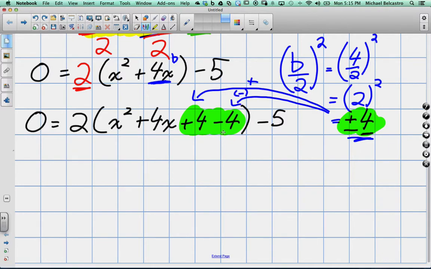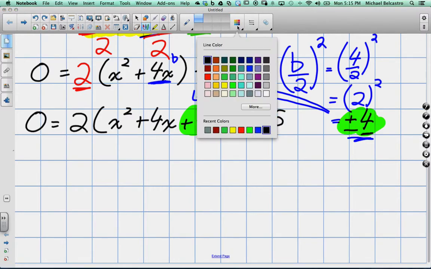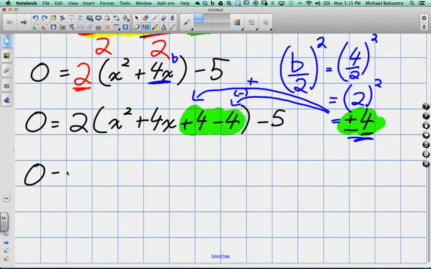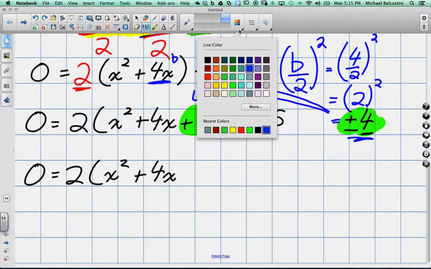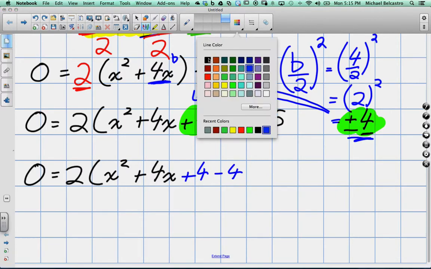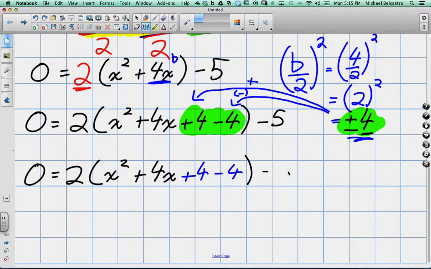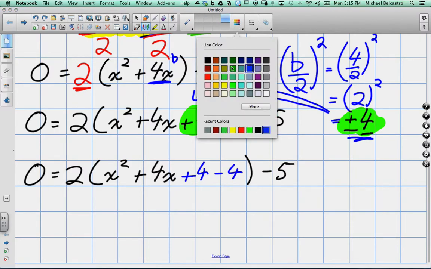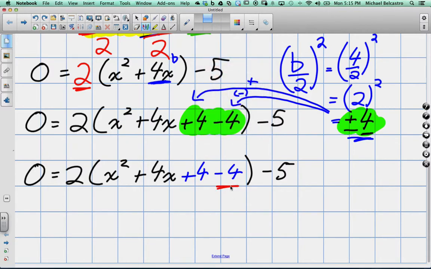Now, in the next step, I'm just going to write this all out in black here so it's a little easier. 0 equals 2 x squared plus 4x. I guess I'll write those in blue so we know we're still working with them. Plus 4 minus 4. Minus 5. The next step is we're actually going to take the negative 4 and move it to the outside of the brackets.